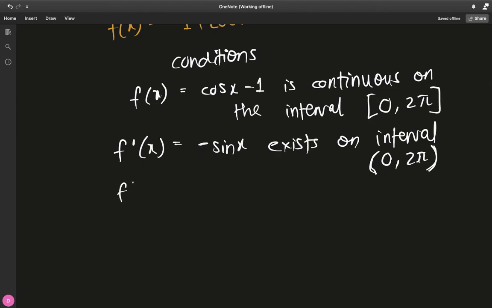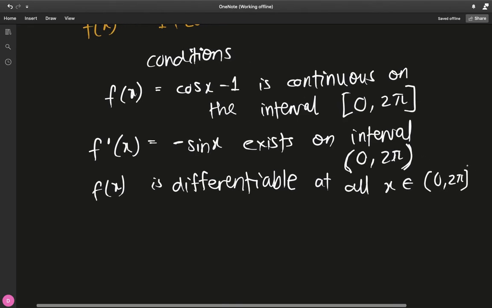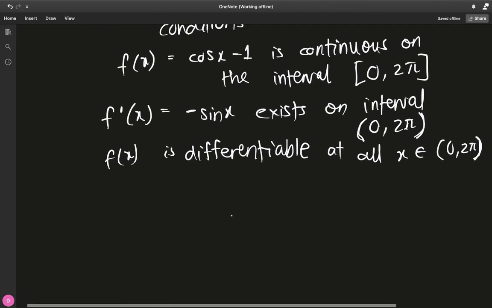So this means that f of x is differentiable at all x belonging to 0 to 2 pi, both exclusive. Fair enough.